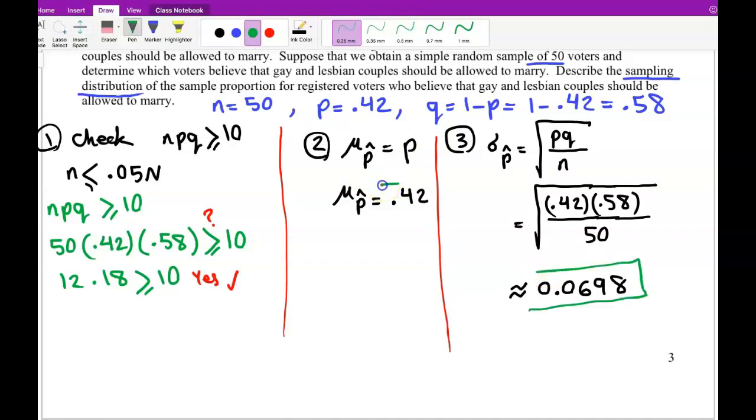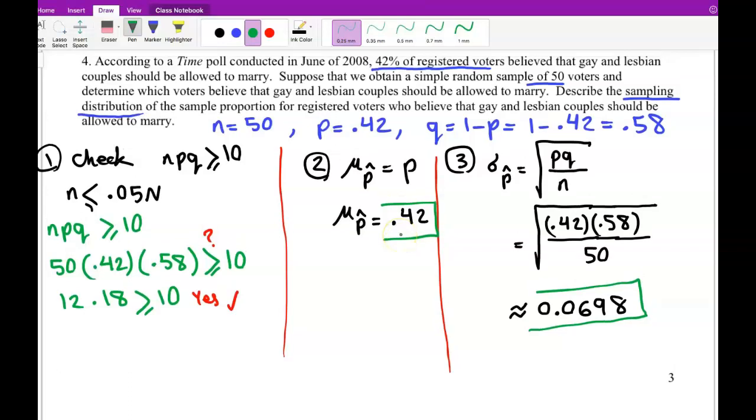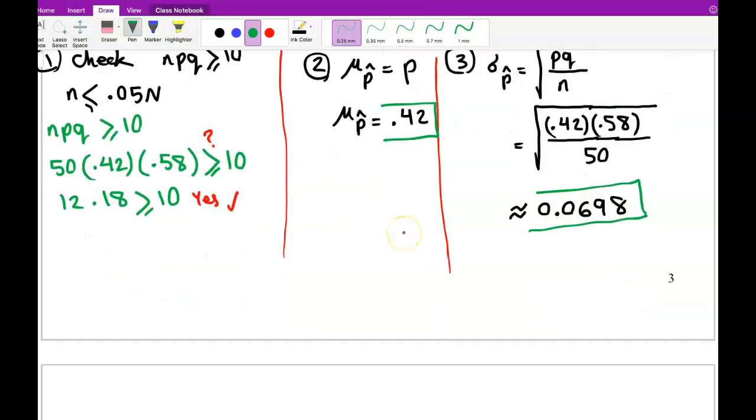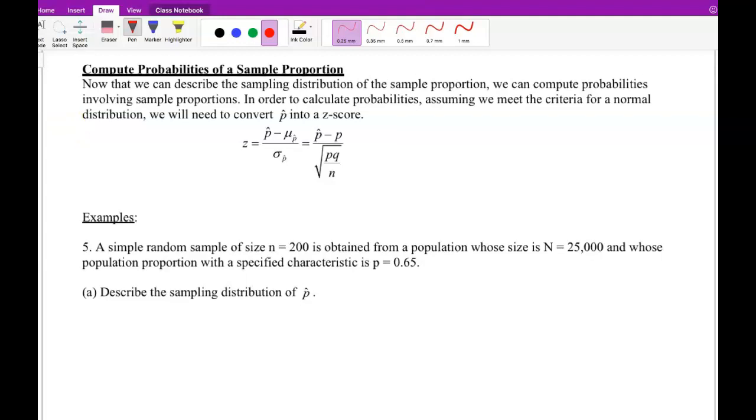Okay, so I follow the steps and I have these. What that means is we describe the sampling distribution. And this part computes probabilities of the sample proportion.